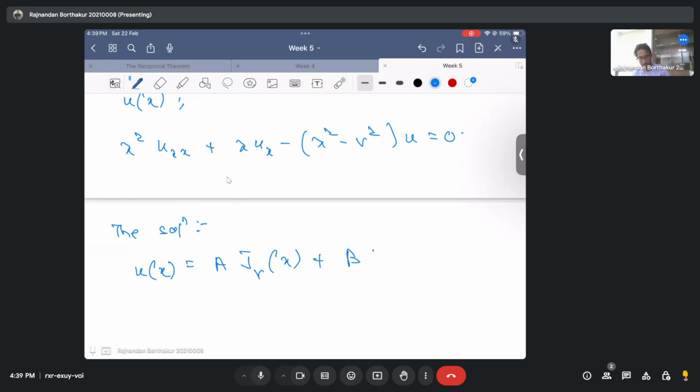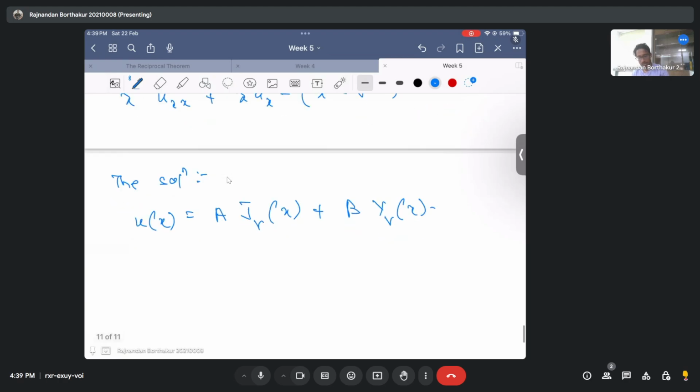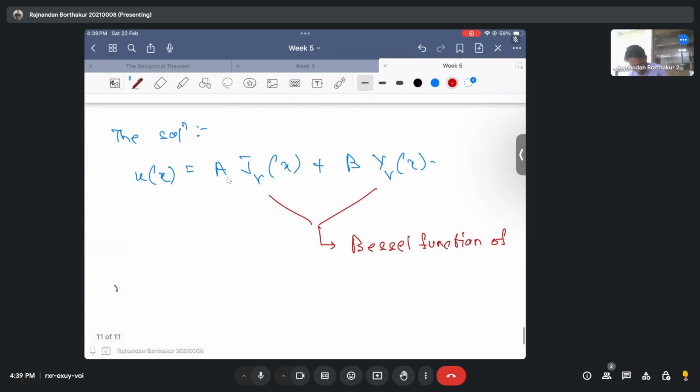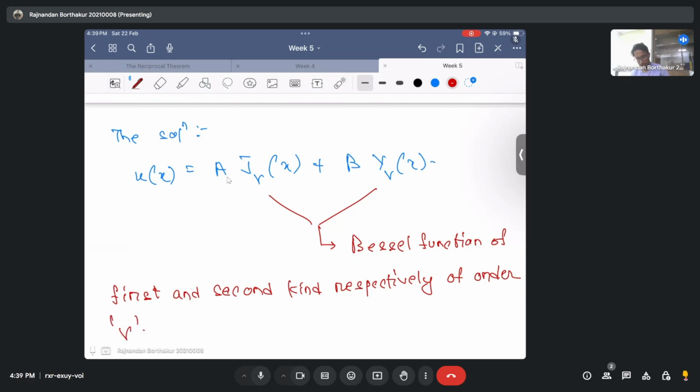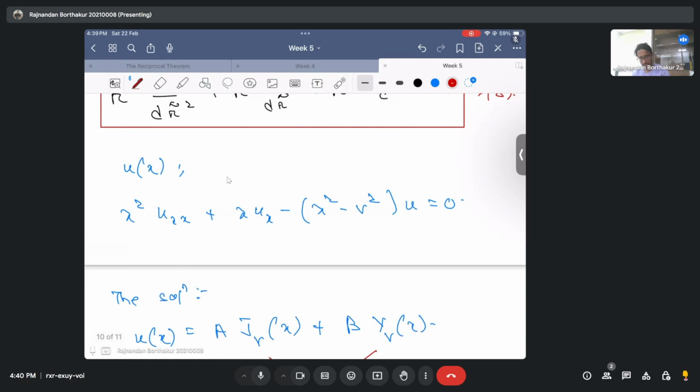The other solution is b times Y_nu of x, where J_nu of x and Y_nu of x are known as Bessel functions of the first and second kind respectively, of order nu. Okay, and this equation is essentially known as Bessel's equation.